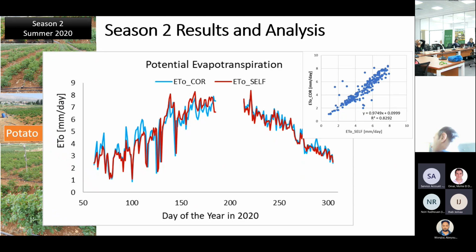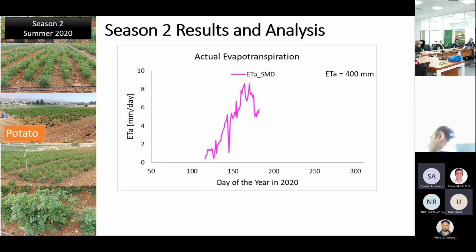That means we had some rain in that season, and there was quite good correlation between the self computed and the Cordoba newly introduced station. And for soil moisture depletion ETA, we had that as the only equipment by that time measuring the soil moisture depletion as an ETA measurement.